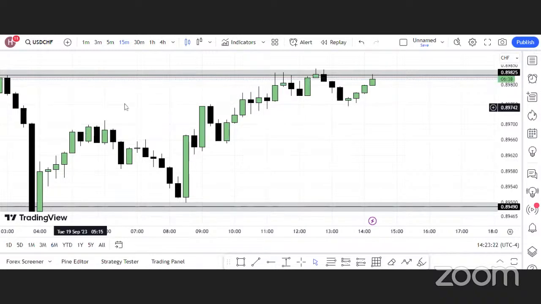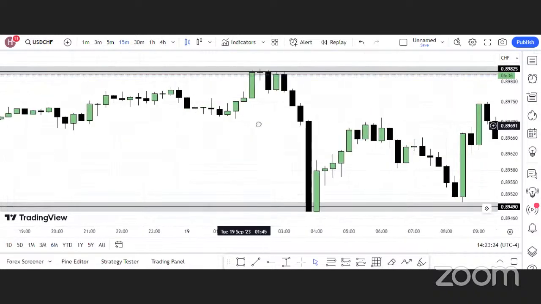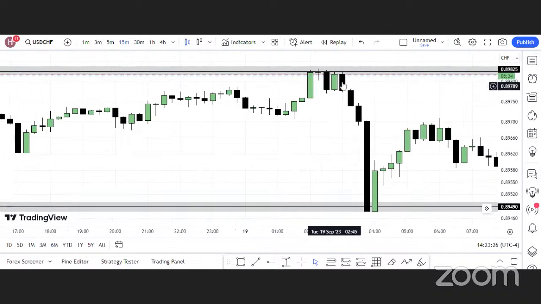The next thing, let me show you another example. You see here, we didn't get a small body with a long wick. We didn't get that here, but we got something else. This is also a reversal pattern. We call these candle formation reversal patterns.